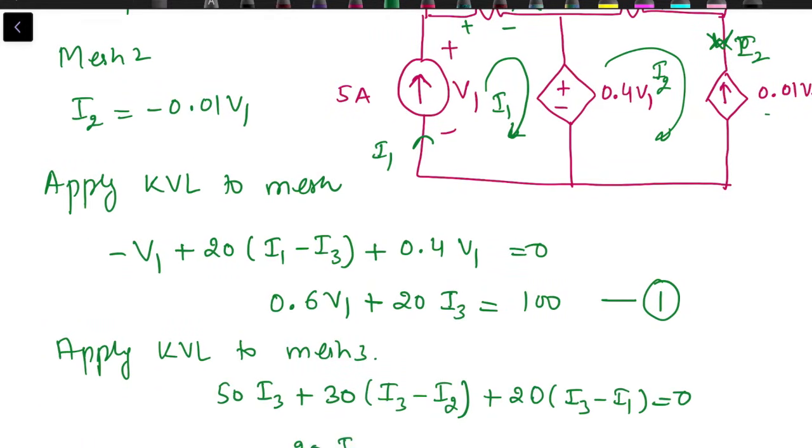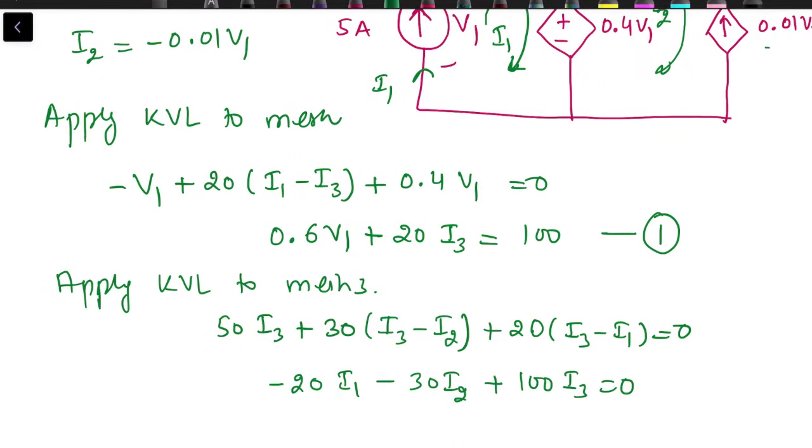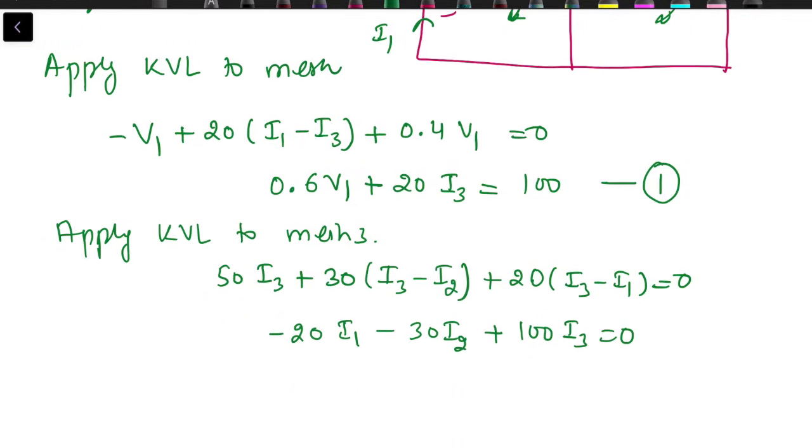Minus 20 I1 minus 30 I2 plus 100 I3 equal to 0. And when we substitute the value of I1 in this equation, we will get minus 30 I2 plus 100 I3 equal to 100. So this is the second equation.